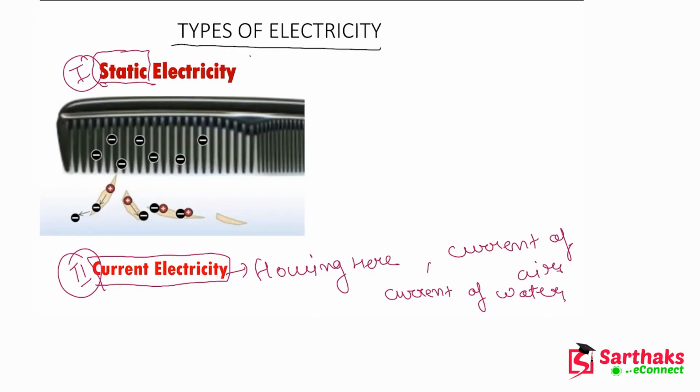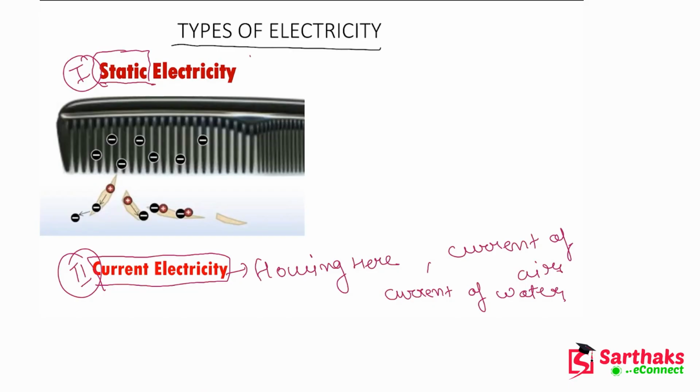Because when you rub it in your hair, the electrons present in your hair, because of the rubbing, come on the surface of this comb.